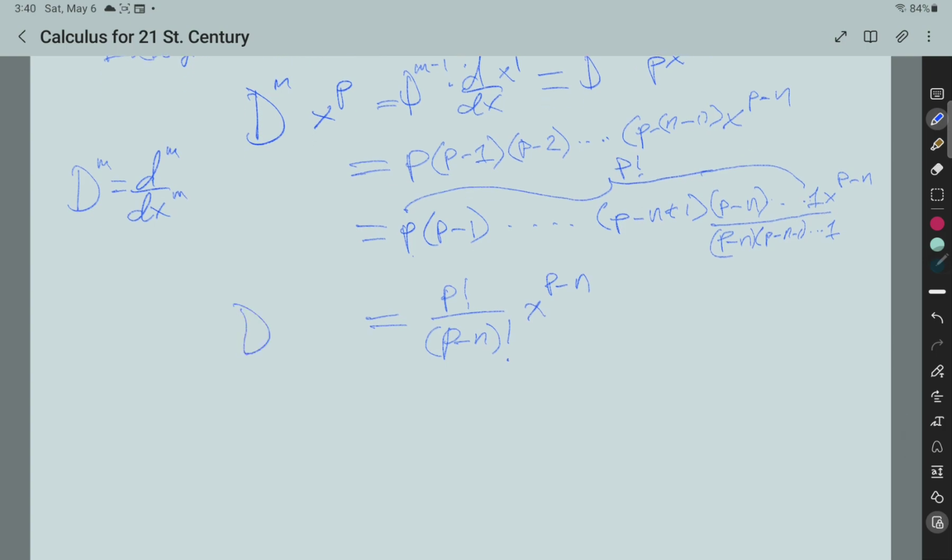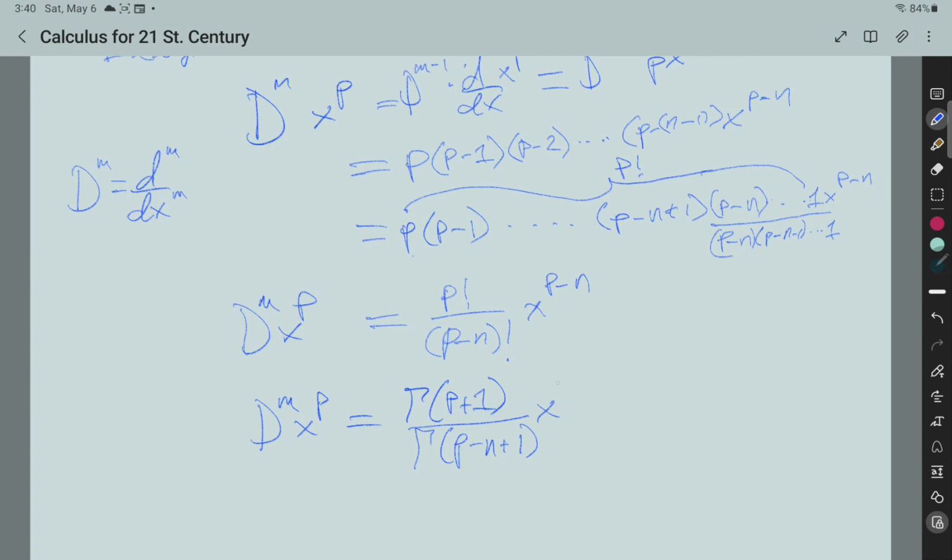Okay, so d^m of x to the p. Now we could rewrite this in terms of the gamma function. That's fine too. So d^m x^p is equal to gamma of p plus 1, right? Gamma of p plus 1 is p plus 1 minus 1, or p factorial. And then the p minus m factorial is really gamma of p minus m plus 1.